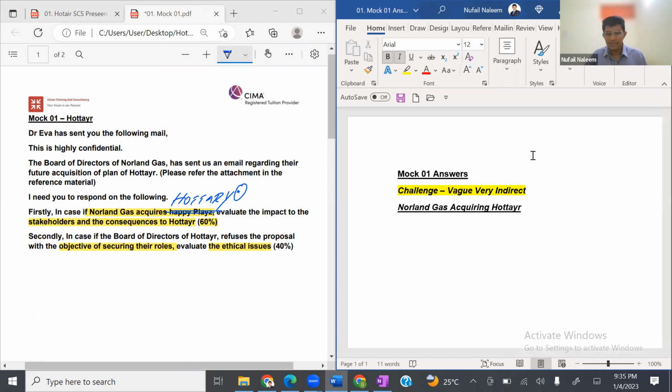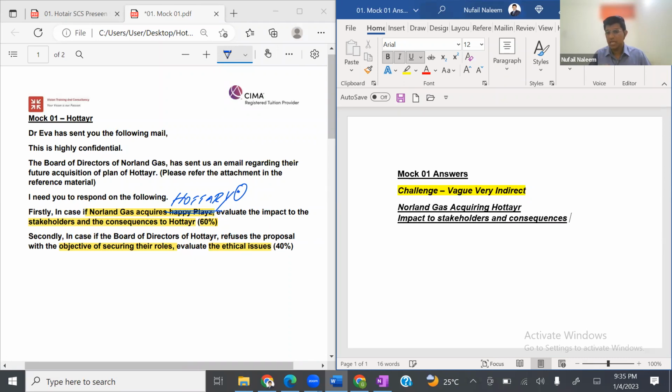And they are not asking you advantages or disadvantages. They are very direct towards impact to stakeholders. Stakeholders means people who are connected to our business decisions, and consequences.